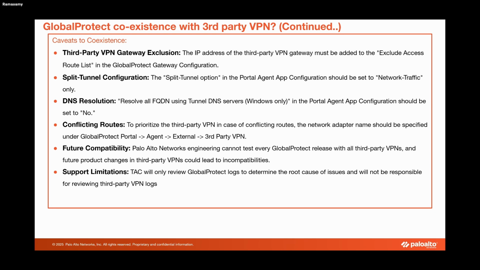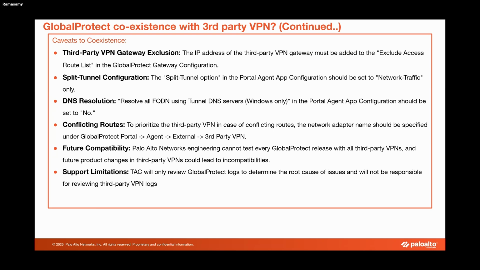Make sure the option resolve all FQDN using tunnel DNS server is unchecked so that the domain name is not resolved for all traffic using the tunnel interface. This will cause problems in resolving the domain names for the applications hosted behind your partner's network.